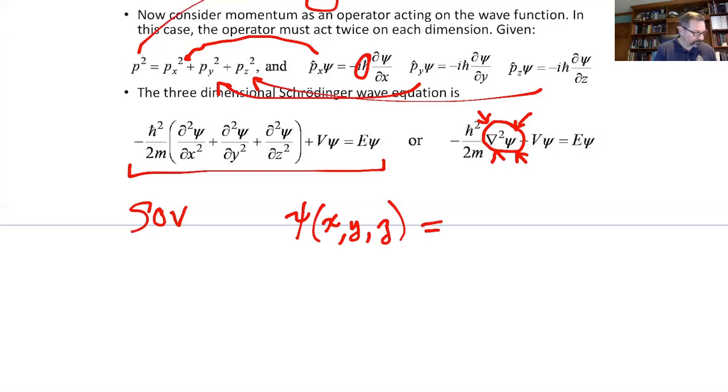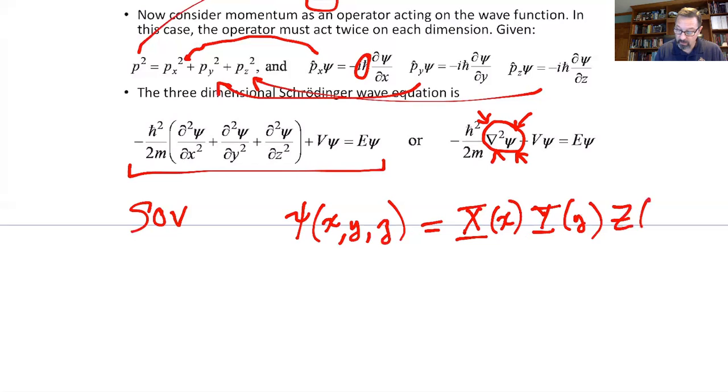Okay. And I want to make sure I stay consistent with the book notation here with what I'm about to do. So let me make sure, because yeah, he does go that way. Okay, so my presumption here is going to be that x, capital X here, is a function only of x. I'll have another function I'll call capital Y, which is only a function of y, and then capital Z, which is only a function of z.